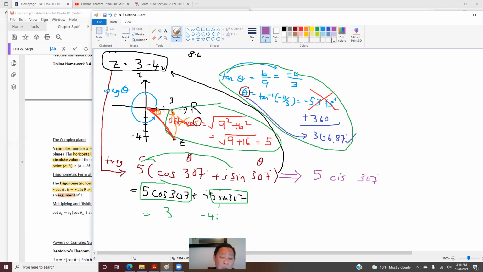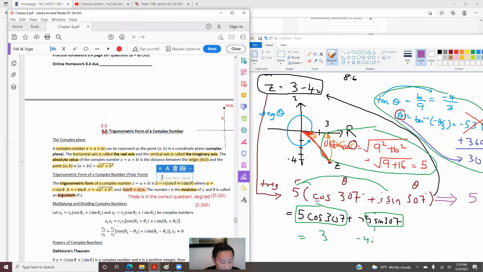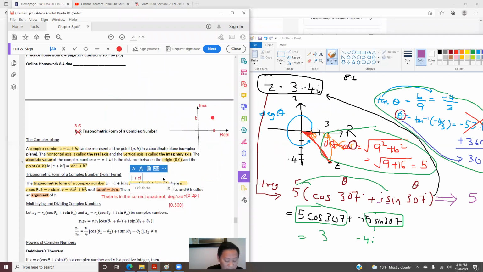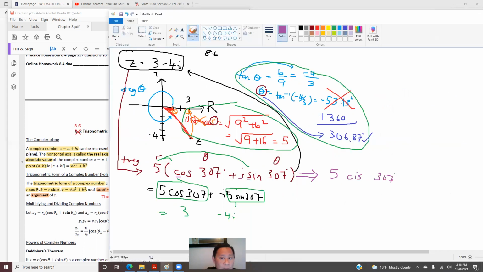So you can write this form as r CIS theta, which is the same thing as r cosine theta plus i sine theta. In this class, I use a lot of this CIS form because that is the fastest way. But when you do your online homework, make sure you type out the long way like this. Questions with this one?